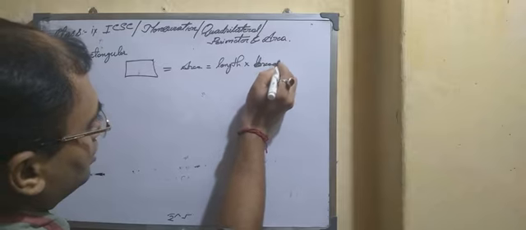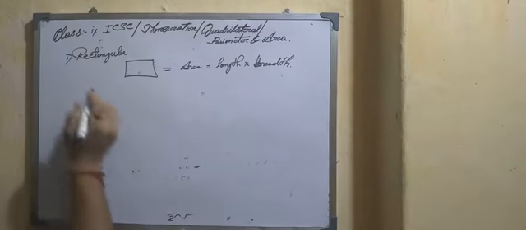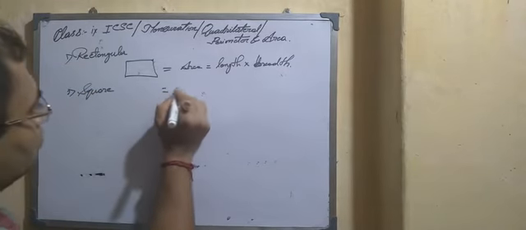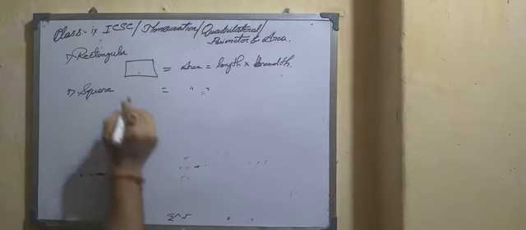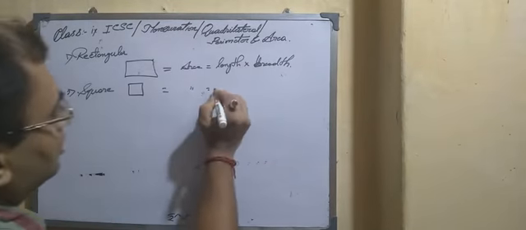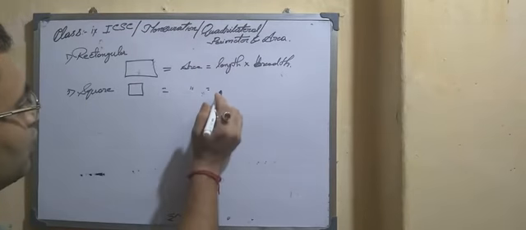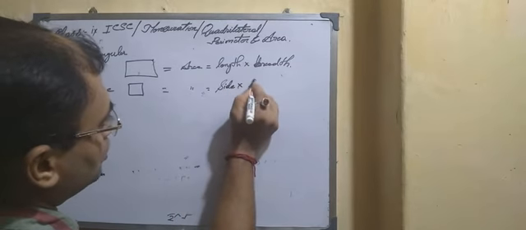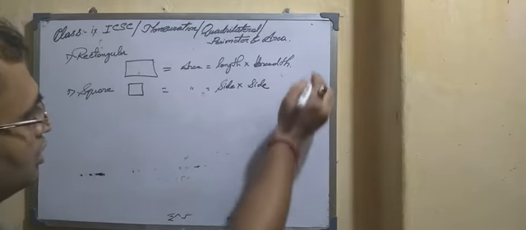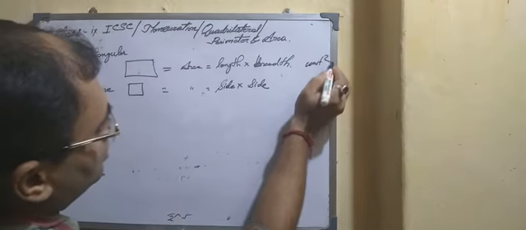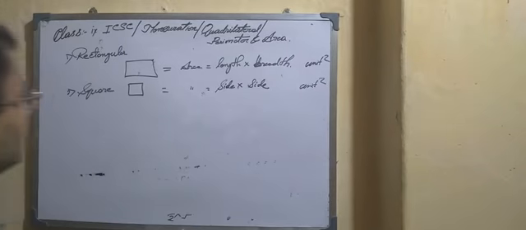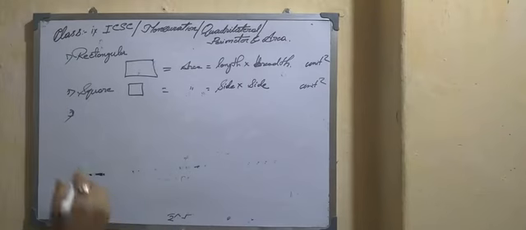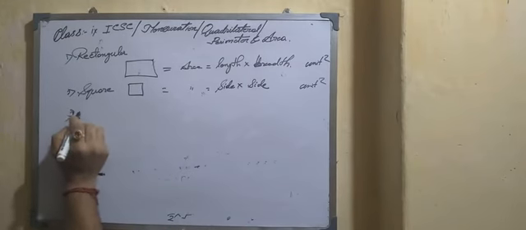For a square, length and breadth are equal, so we use the term side: side into side, or side square. The unit is unit square. Third, we already found the formula for the rhombus. Now the trapezium.